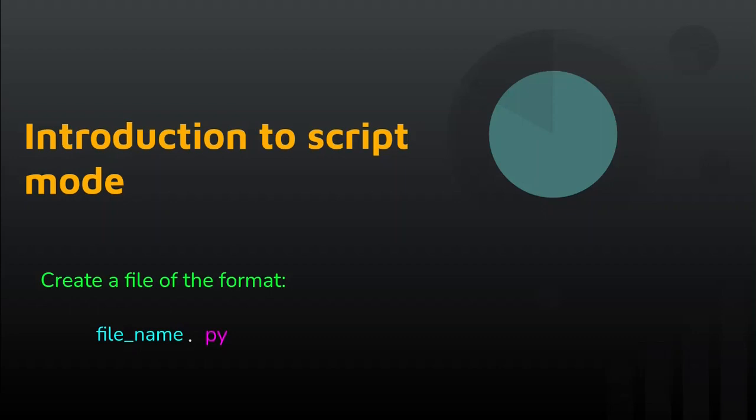If it's a PDF document, it's going to be .pdf. If you want to create a Python script, or a Python file, it has to end with .py. Py is short for Python. That makes sense. Cool, so let's go ahead and create a Python file.